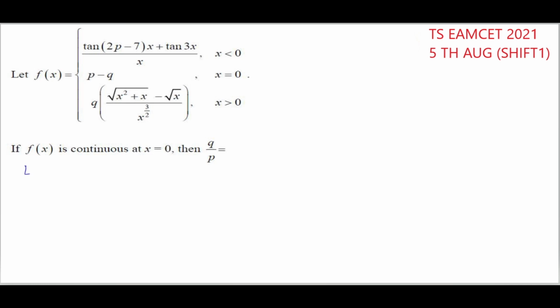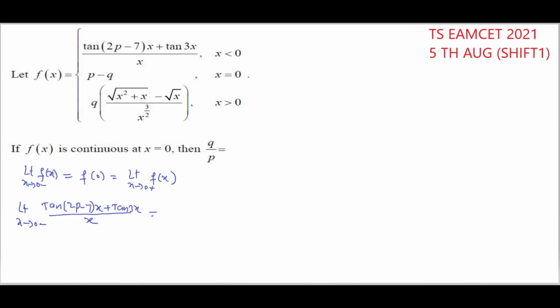That means limit x tends to 0 minus f of x is equal to f of 0 is equal to limit x tends to 0 plus f of x. Limit x tends to 0 minus f of x, that is x less than 0, take this function, that is limit x tends to 0 minus of (tan of (2p minus 7) into x plus tan 3x) by x.